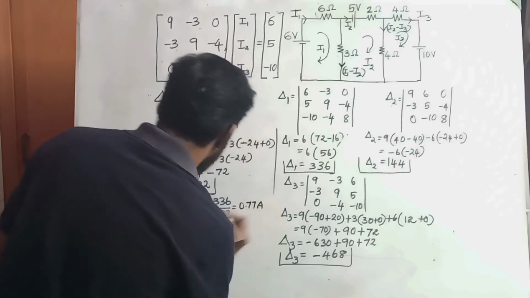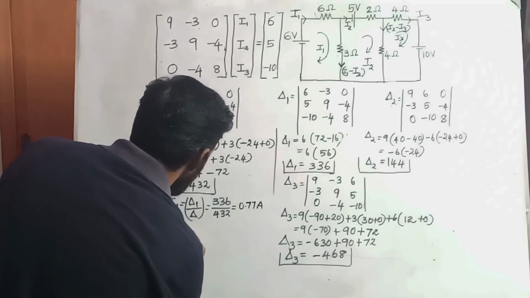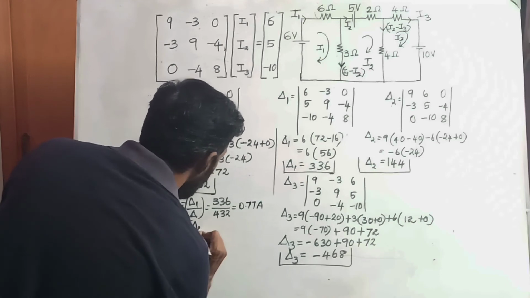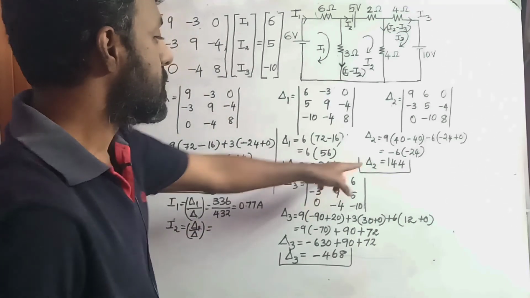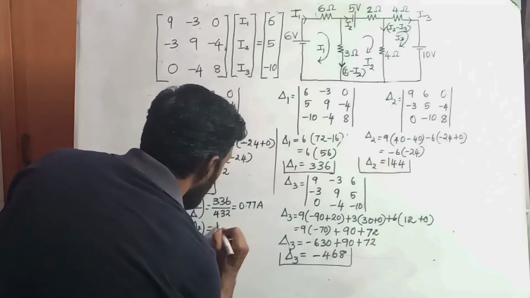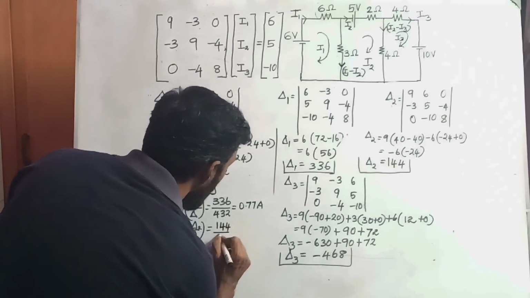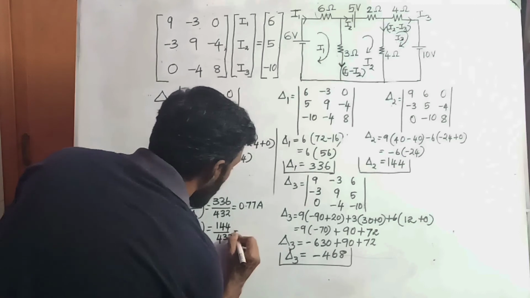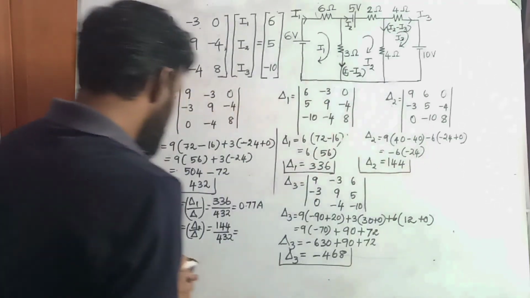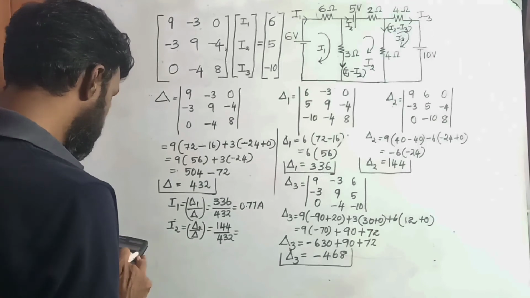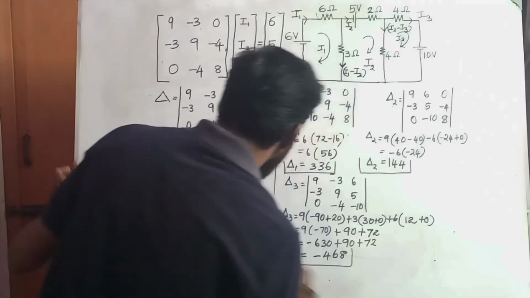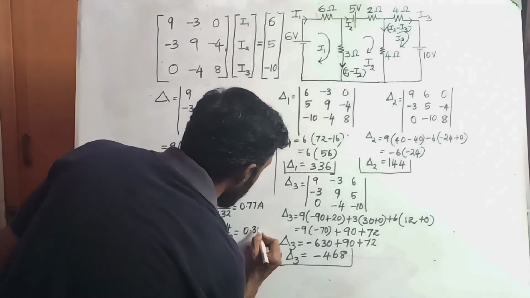Similarly, the value of I2 is delta 2 divided by delta. Delta 2 is 144, so 144 divided by 432 is 0.33 ampere.